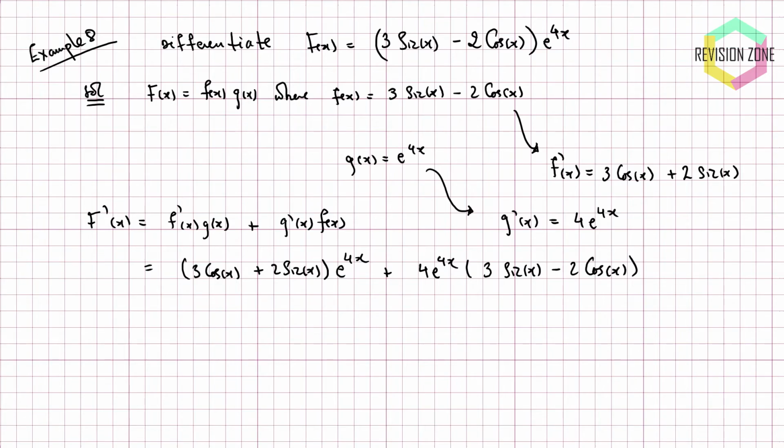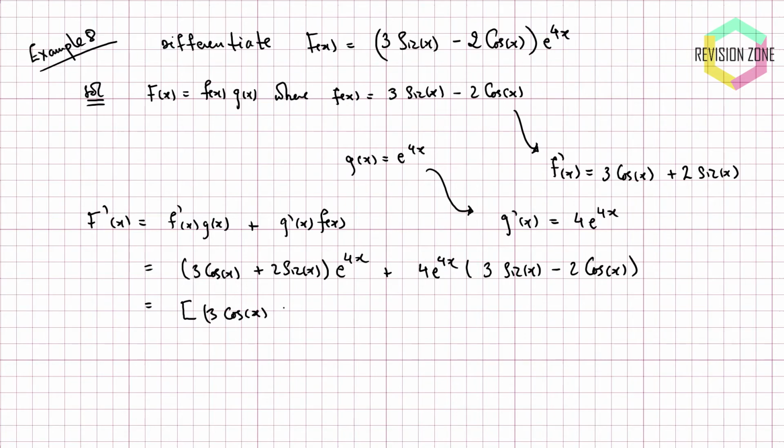So now technically we are done. This is our derivative, this function here, but it's nice to be able to write this in a nicer simplified form. The important thing to keep in mind is there's an e to the 4x here, and there's an e to the 4x here. So perhaps what I can do is just factorize e to the 4x out of the entire thing.